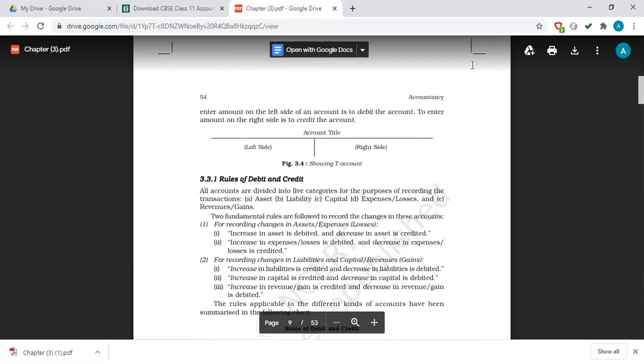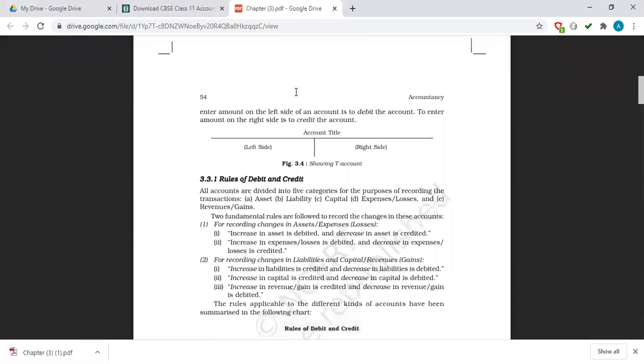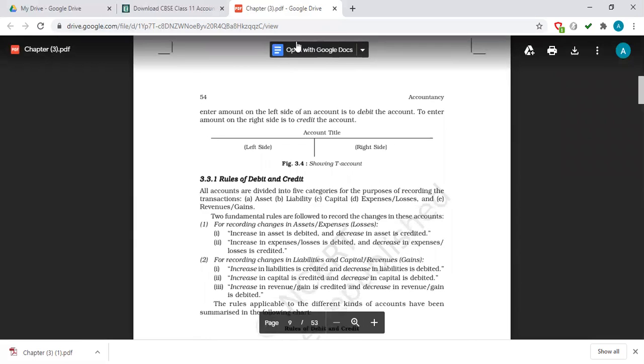You can see over here, debit side and credit side. Don't go over that one, it will just confuse you. You can follow over here only. This side of the account is the debit side. This side of the account is the credit side.